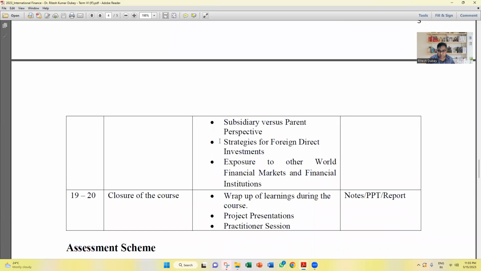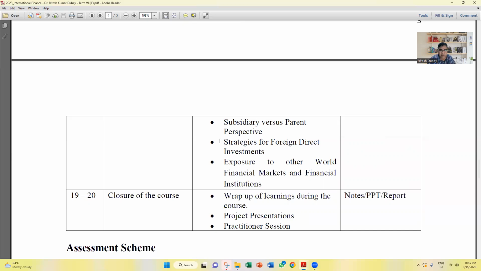And towards the end of the session, we will look at one practitioner from the field. We will see how he deals in the real life market or in the international market arena. He will bring up the things that we have covered and what we should know when we are going on to the job, and how we can tap the potential of an international financial market in any such job.